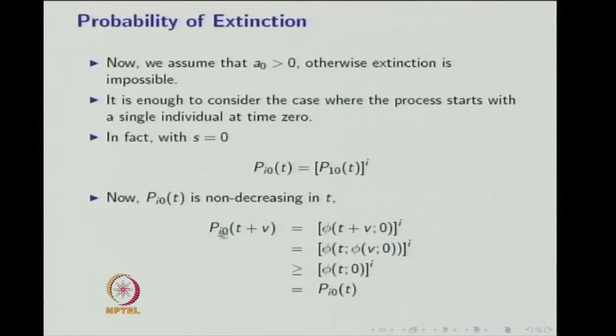You start with P_{i0}(t+v), that is psi(t+v, 0) to the power i, that is the same as psi(t, psi(v, 0)) to the power i, that will be greater than or equal to psi(t, 0) to the power i, but that is the same as P_{i0}(t). Hence, we proved P_{i0}(t) is non-decreasing in t.